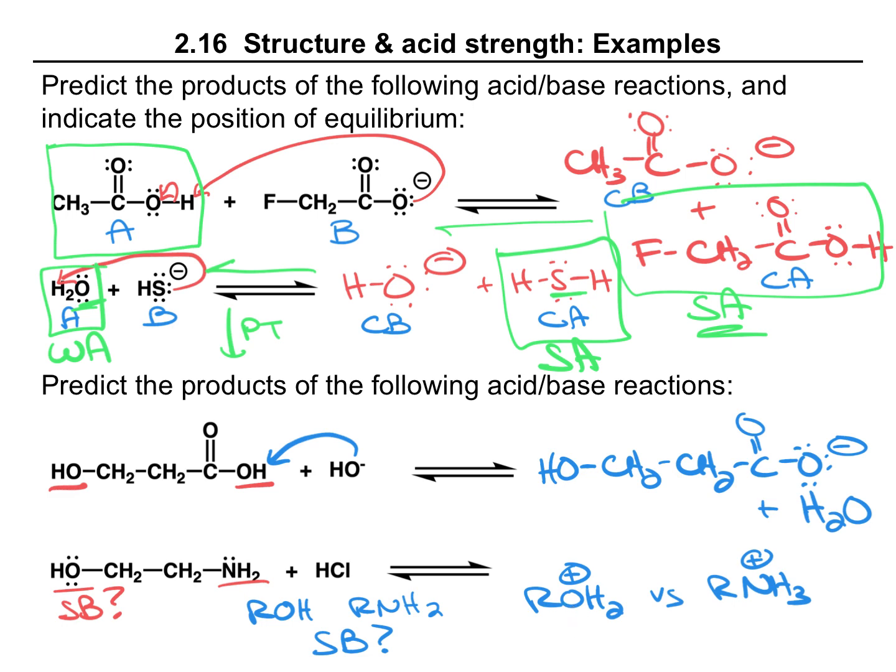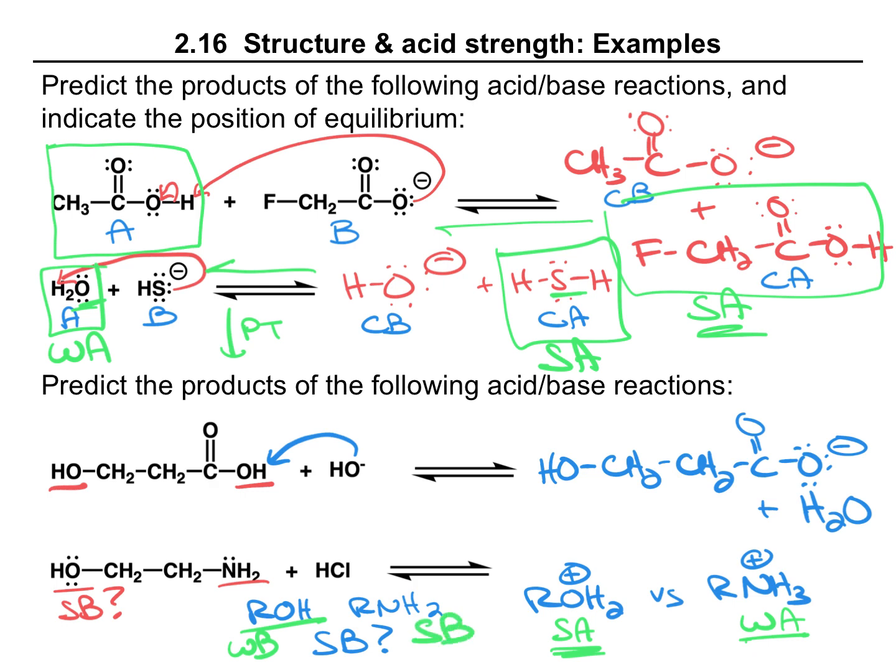Because oxygen is more electronegative than nitrogen, we know that this one is going to be the stronger acid, and this one is going to be the weaker acid. Because this is a stronger acid, that means the alcohol would be the weaker base. Because the ammonium ion is the weaker acid, that means the amine would be the stronger base.